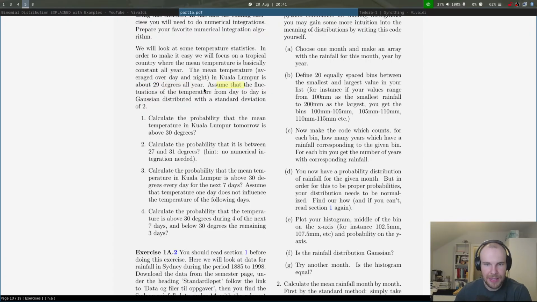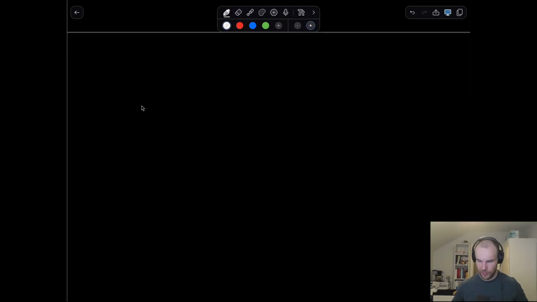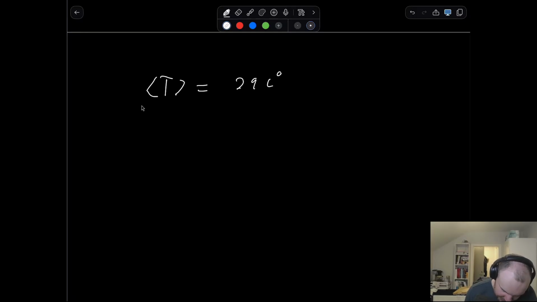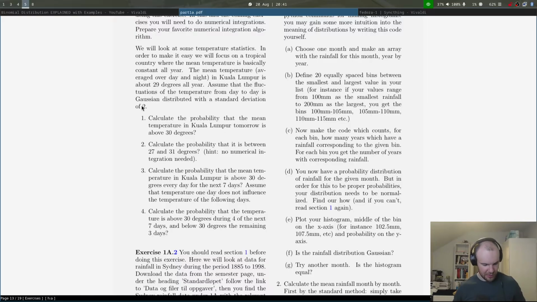Assume that the fluctuations of the temperature from day to day are Gaussian distributed with a standard deviation of 2. So we can say that T, the average, is 29 Celsius, and the standard deviation was 2 Celsius. Wasn't that correct? Yeah.